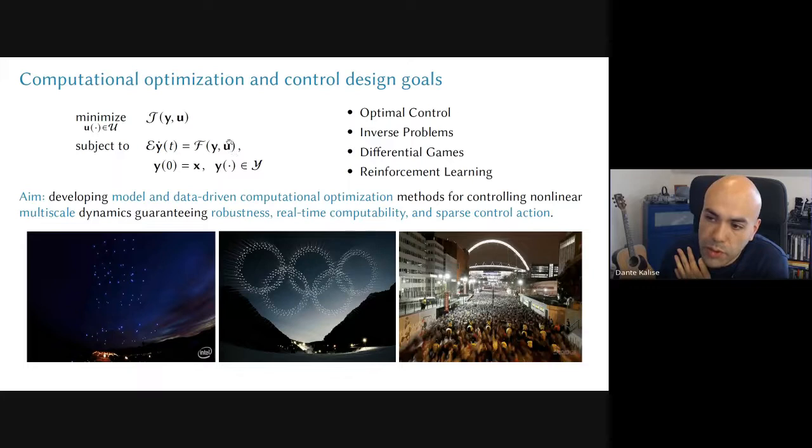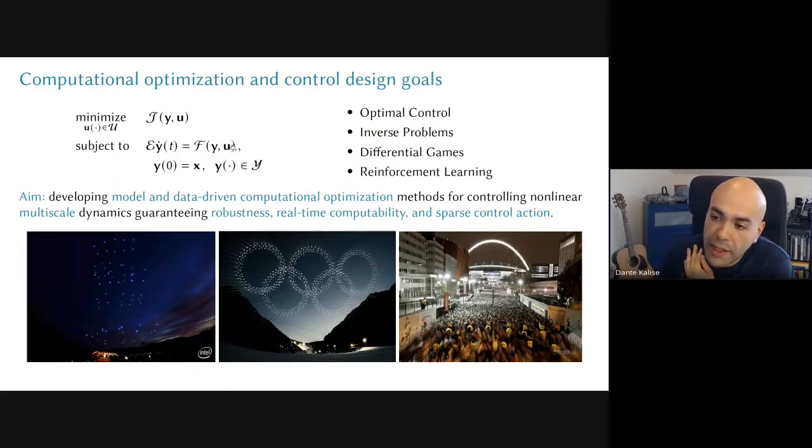If you didn't have u, you would just have the classical evolution equation. Here I have a nonlinear evolution equation with an external control signal. This is not just a simulation problem: I use the control signal u to make the system do something that I want it to do.